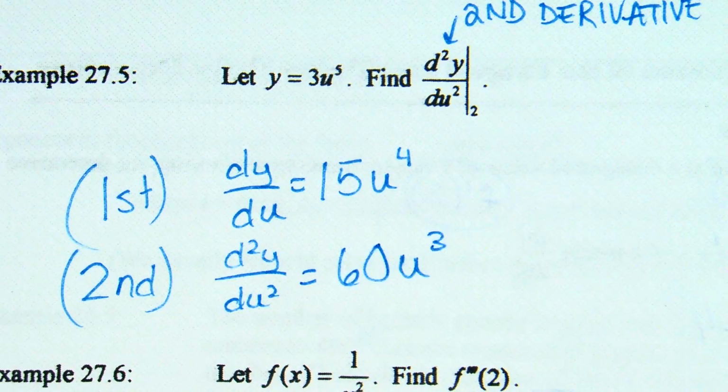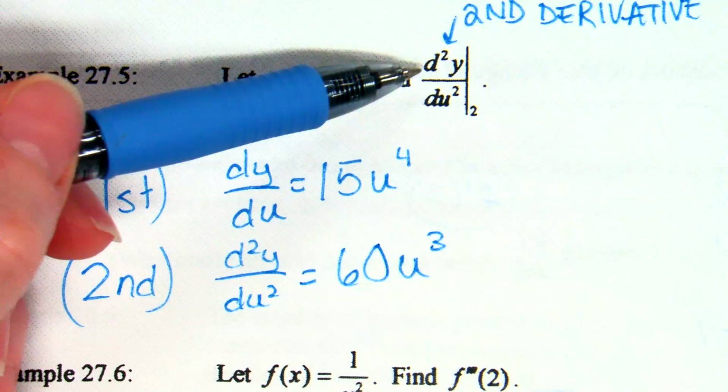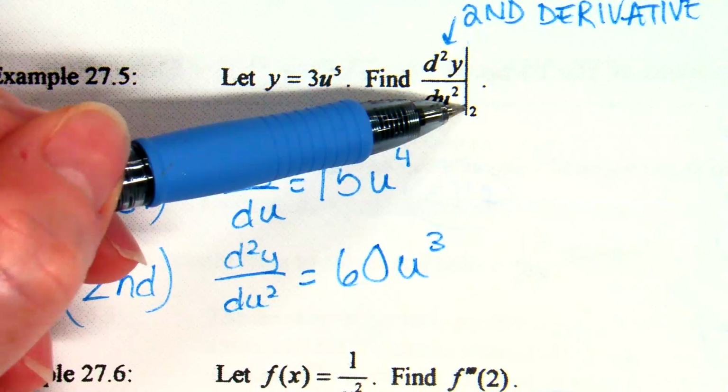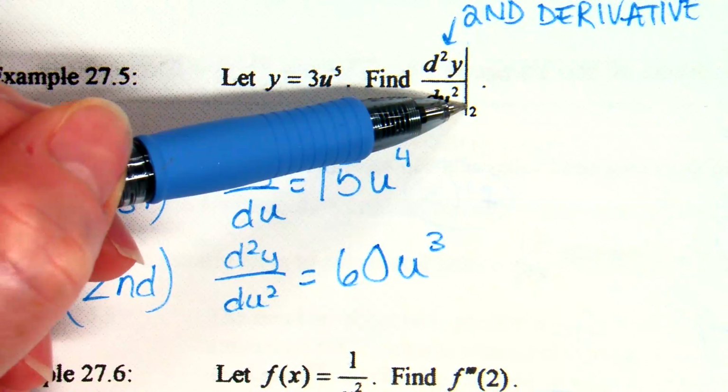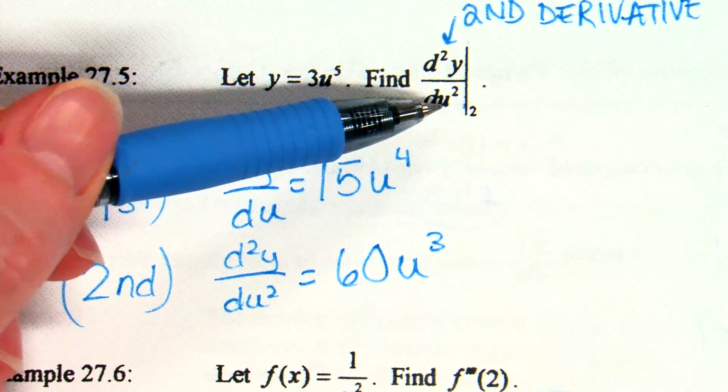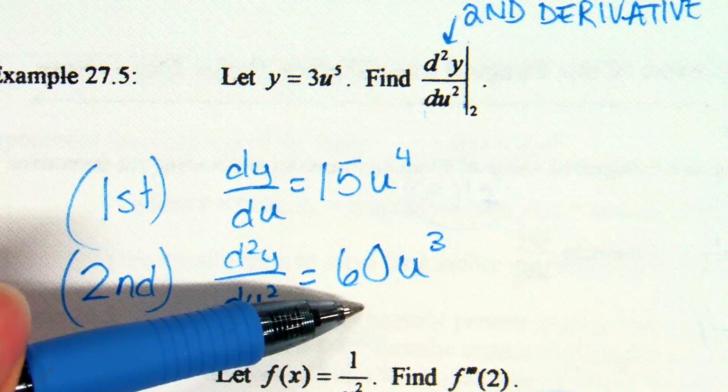Now, specifically, what did it ask us to find? Remember this bar says evaluated at x equals 2, or in this case, u equals 2. So take our second derivative and plug in 2 for u.